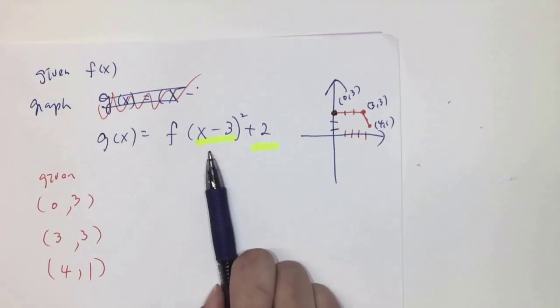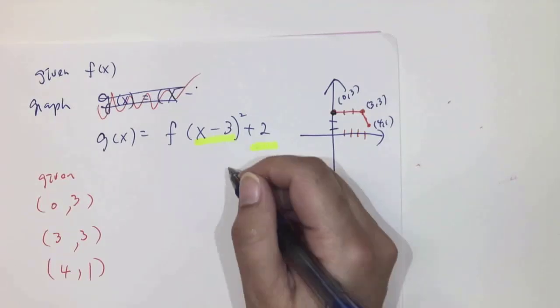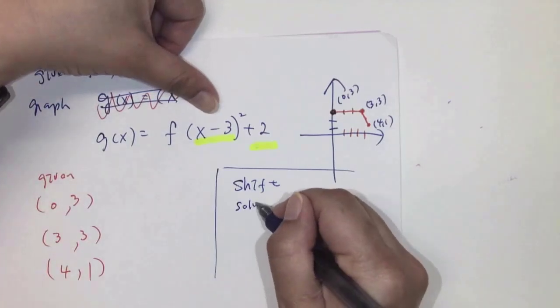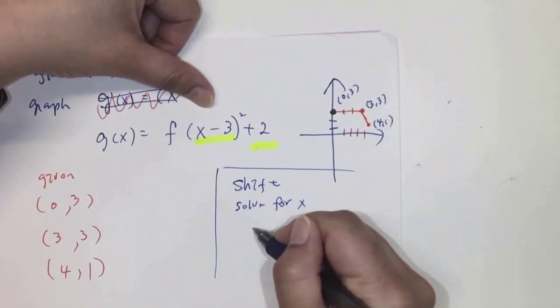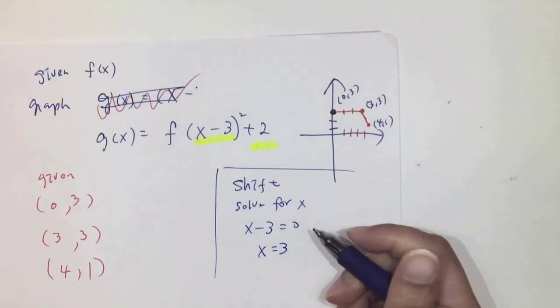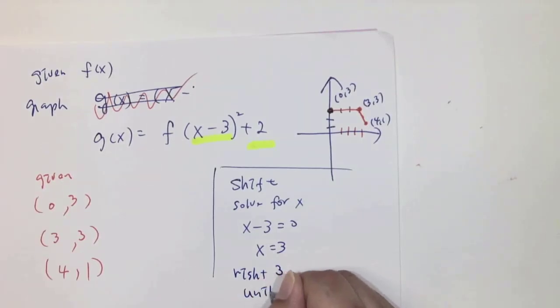So follow the order of operations. We need to look at this part first. This part is telling us to do what? Because it's together with x, we solve for x. x minus 3 equals 0, x equals positive 3. That's why you go to the right 3 units, right?